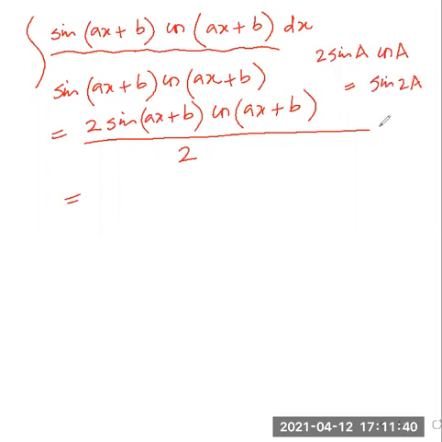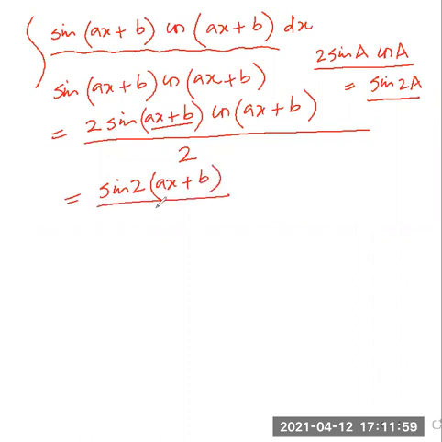Very simple formula. Remember? So this will be equal to sine 2 of, what is a? a is ax plus b. And let this 2 be here only, divided by 2. Am I right?